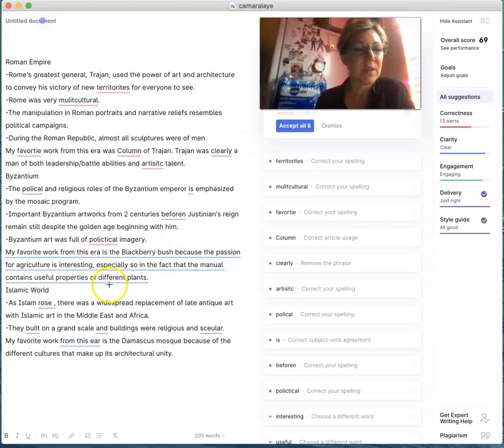Okay, this is very good. I like that you expanded on that. Okay, good. Don't forget to include who you're talking about. And maybe add what cultures.